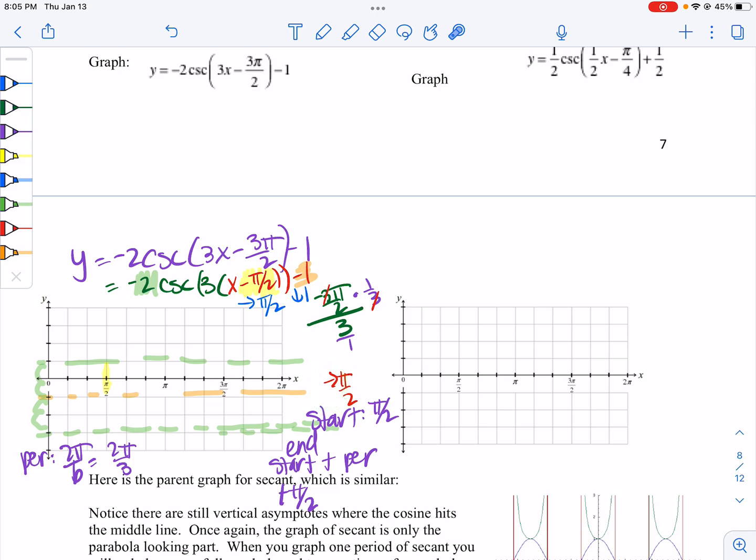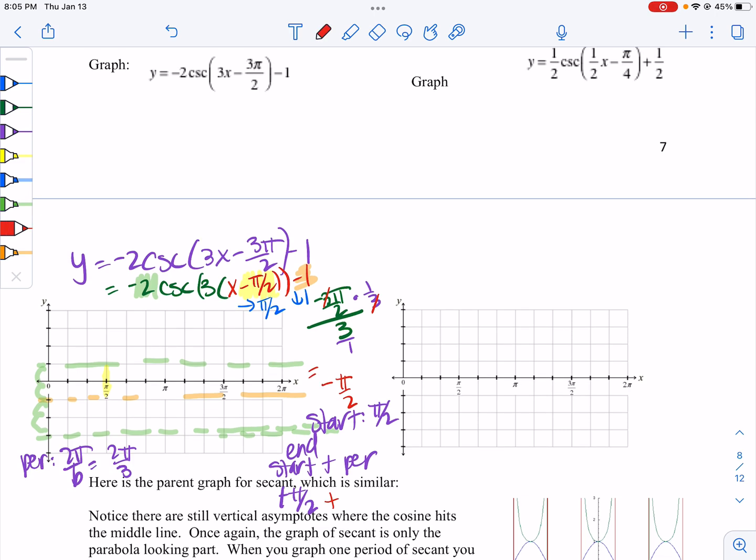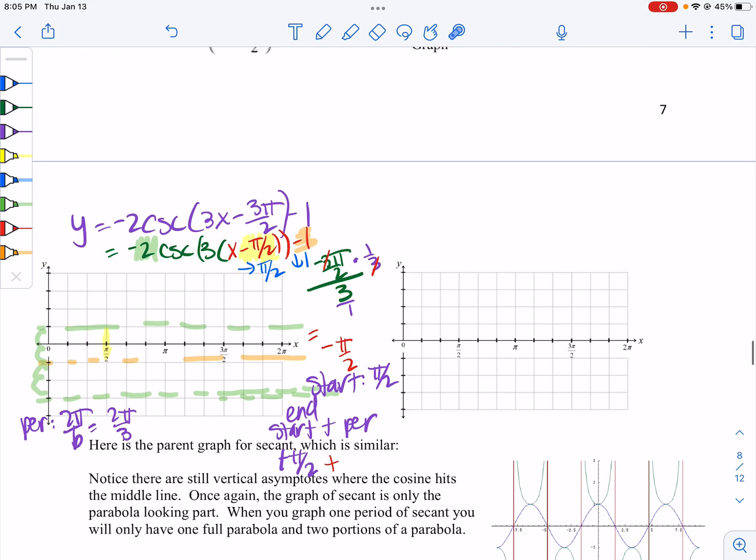You're going right by pi halves. So pi halves plus the period. Oh, I know. It was negative from there. I was simplifying that, which gave it negative, which then means that you're going to the right. There we go.